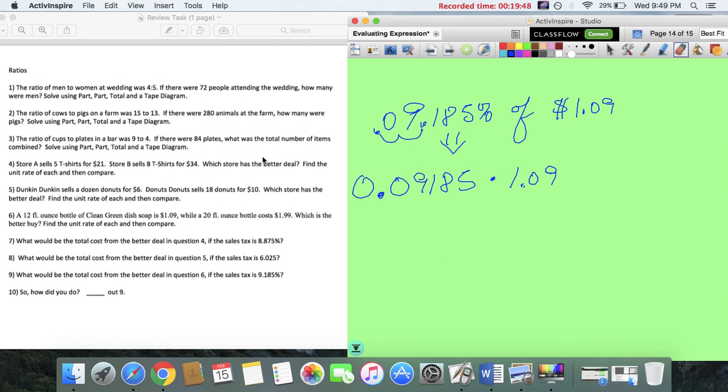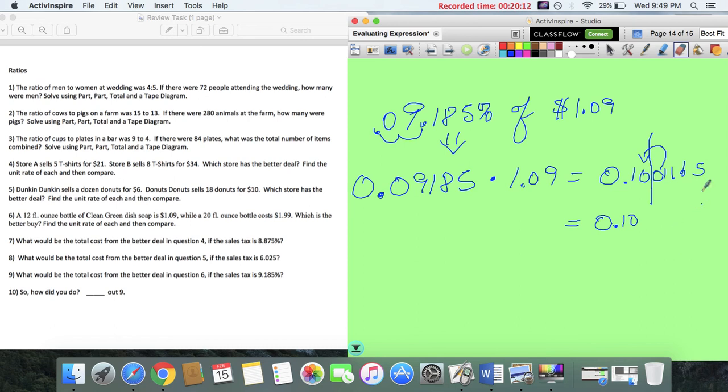On the calculator, you're going to see that this comes out to 0.1001165, and we don't care about all those numbers except up to 2 decimal places right here. Does this 0 have any power to move that 0 up? No, it doesn't. So our tax is 0.10 or 10 cents.